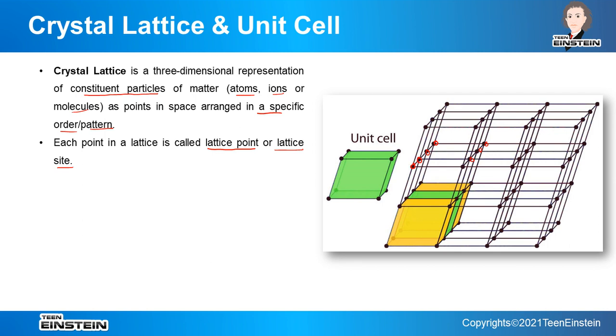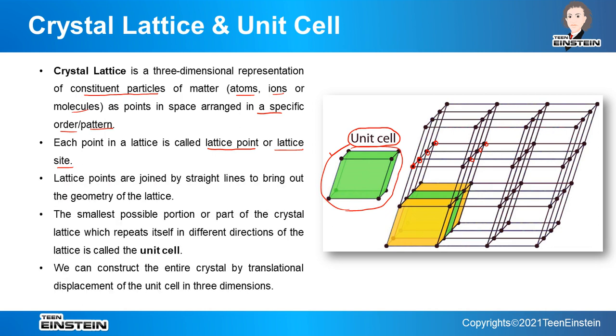By repeating this unit cell we can make the whole arrangement. This large structure is the repetition of this small part, so that is why it is called unit cell. It is the smallest similar portion that repeats again and again.